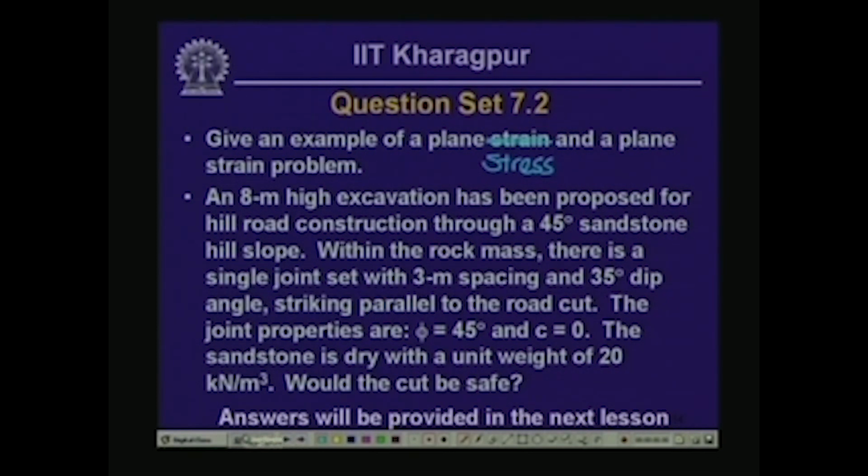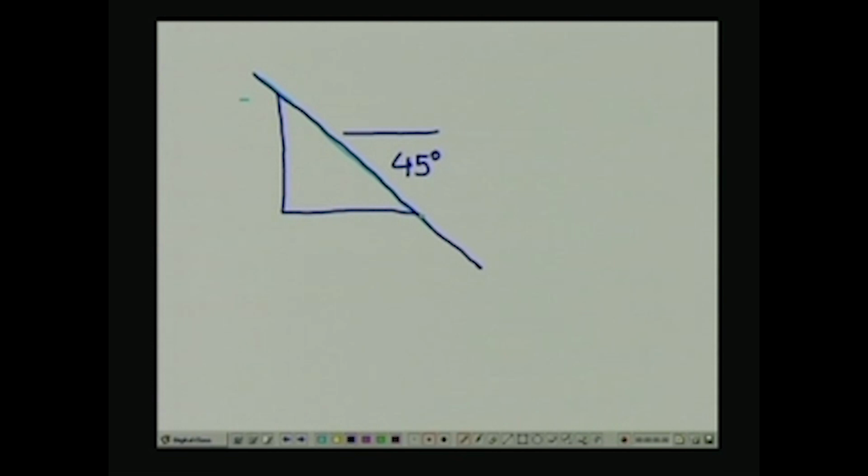So you have to actually look at the cross section in this particular case. So what I say here is really you have a hill slope which is inclined at 45 degrees to horizontal, and you want to cut an 8-meter high slope.